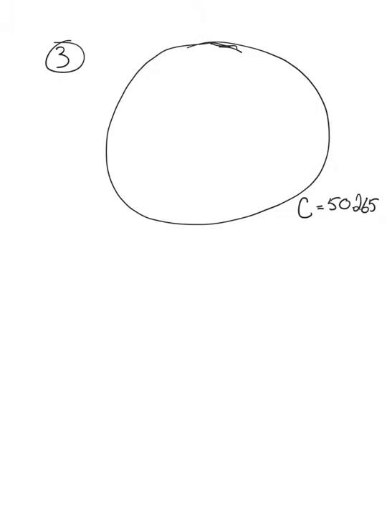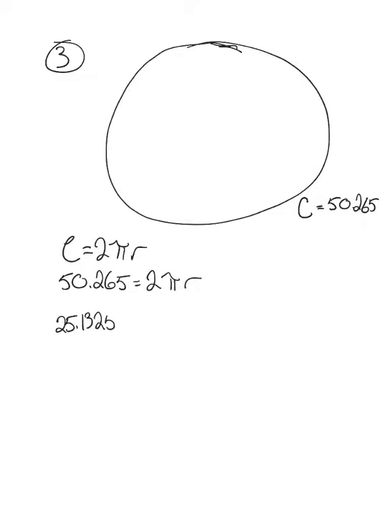If we are given a question where we are only given the circumference, we could still figure out everything we need to find out. How? Using circumference equals 2 pi r, if we're given 50.265 equals 2 pi r, then if we divide 50.265 by 2, we get 25.1325 equals pi r.